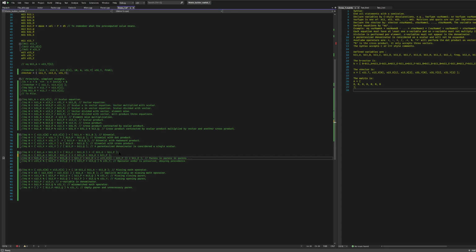Now something a little bit more interesting is parentheses in parentheses in parentheses. You can see we have a scalar here multiplied by something in parentheses, and this parenthesis goes all the way to here, so this will multiply to this, to this, to this, and then we have another parenthesis inside here, and we have one x variable here and another x variable nested far inside here.